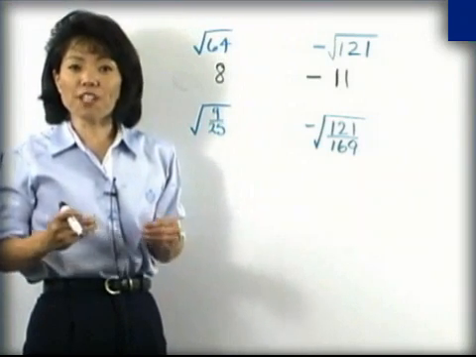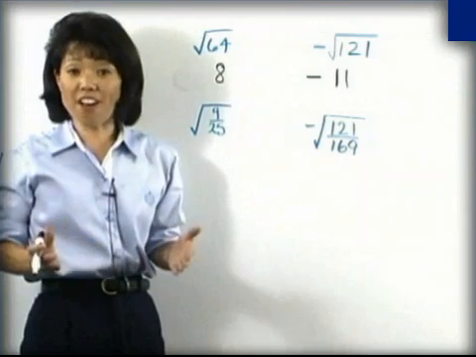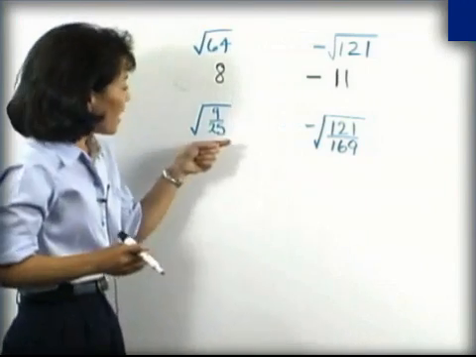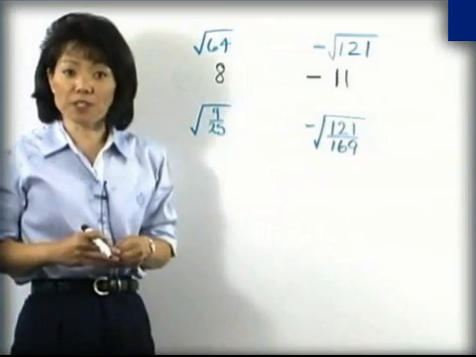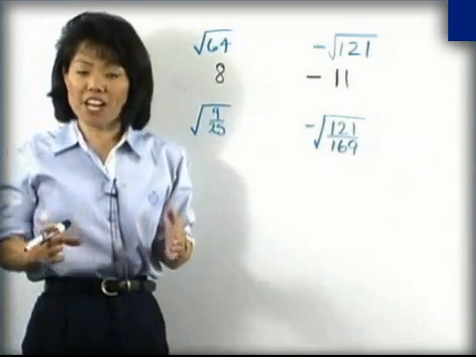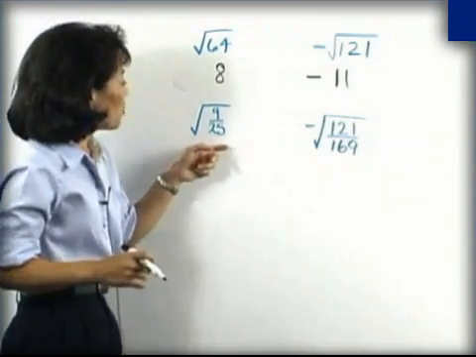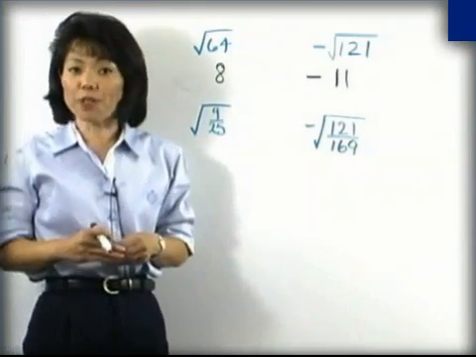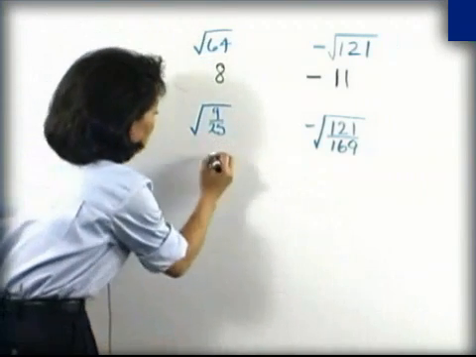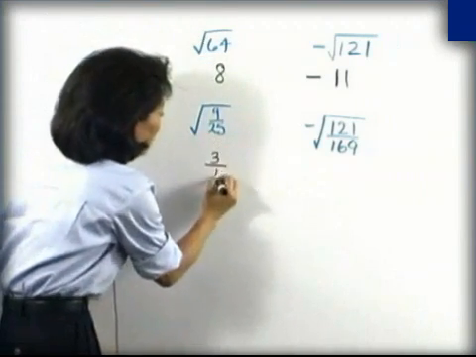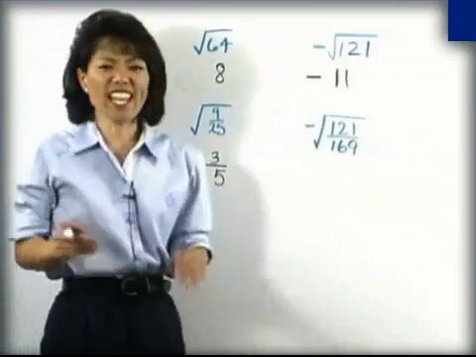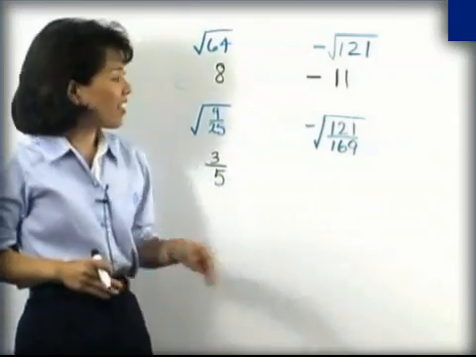So the fraction 3/5 times itself, 3/5, gives us this product 9/25. So because of that relationship, we'll say that the square root of 9/25 is simply 3/5.